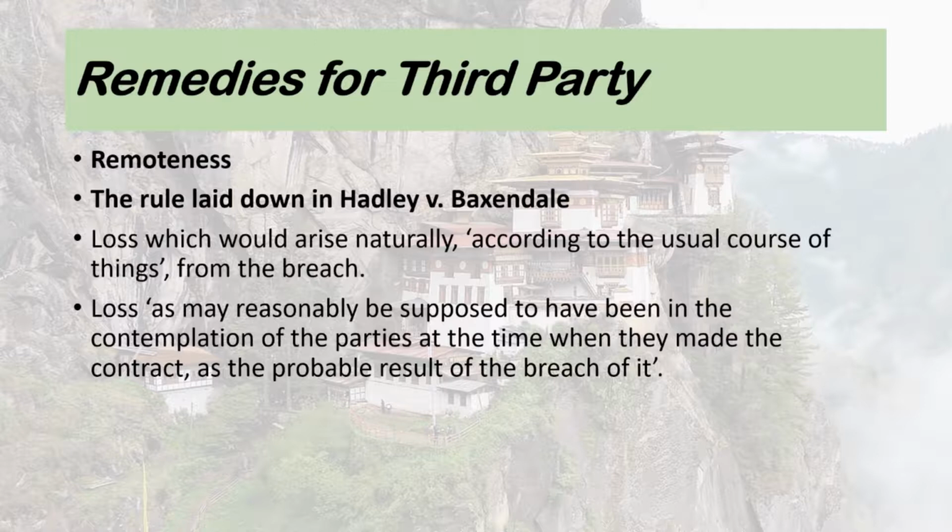But on these two tests that are laid down, Lord Alderson had some reservations, and he said that if special circumstances under which the contract was actually made were communicated by the plaintiff to the defendant, thus known to both parties, the damages resulting from breach of such a contract which they would reasonably contemplate would be the amount of injury which would ordinarily follow from the breach of contract under these special circumstances, so known and communicated.